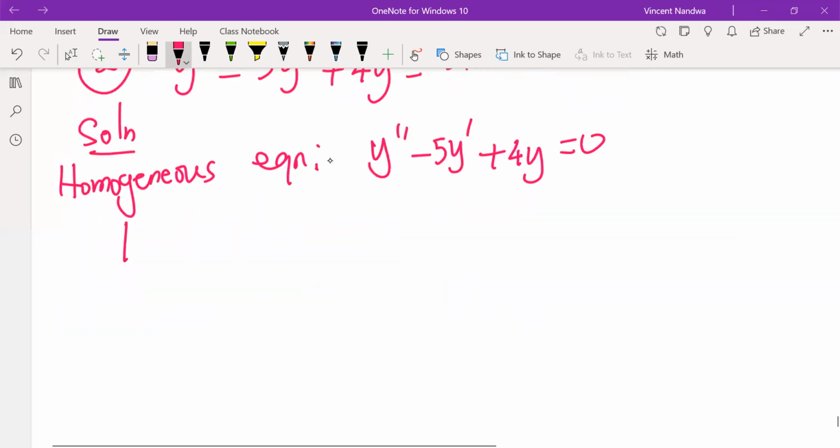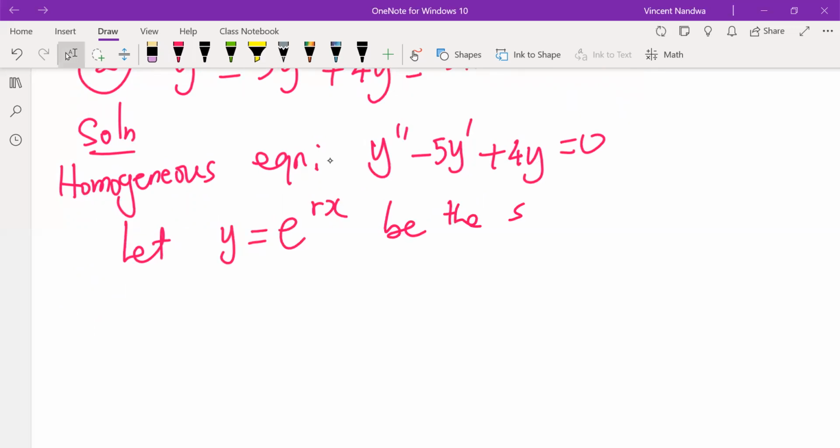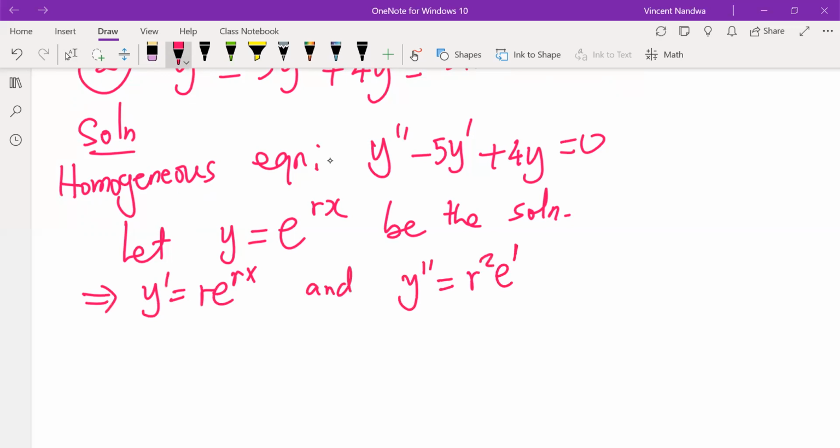So let y equals e raised to power rx be the solution. If this is the solution, then y prime is r e raised to power rx, and y double prime is r squared e raised to power rx. Now, using these values in the equation, we'll have r squared e raised to power rx minus 5r e raised to power rx plus 4 e raised to power rx equals 0.